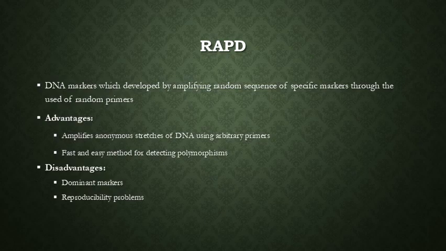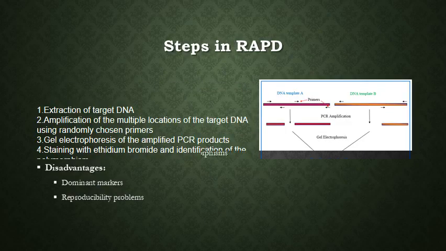It has some disadvantages also. The markers are dominant, and reproducibility is the main concern, as this technique is not very reproducible. So now we come to the steps involved in this technique.